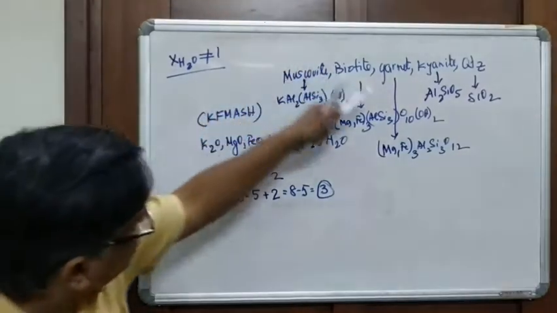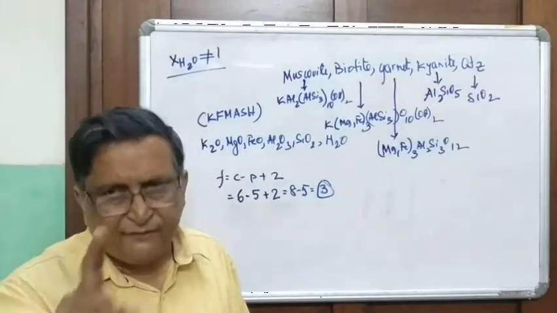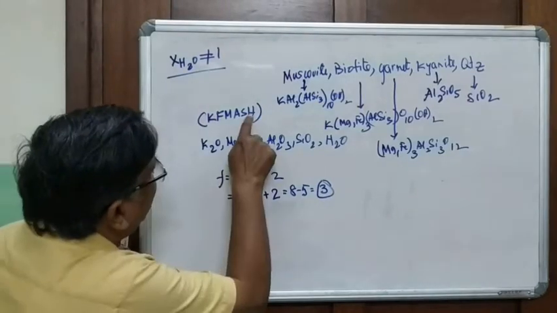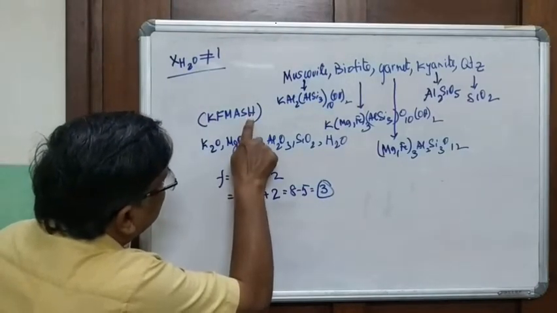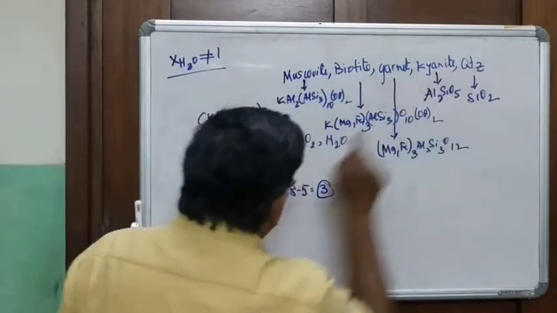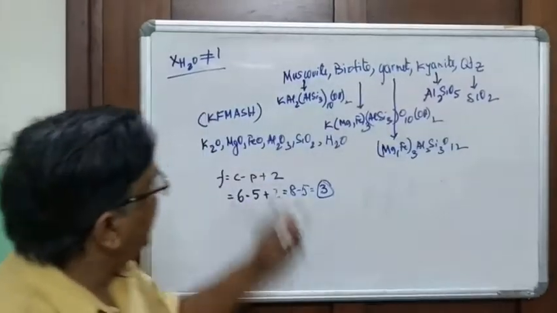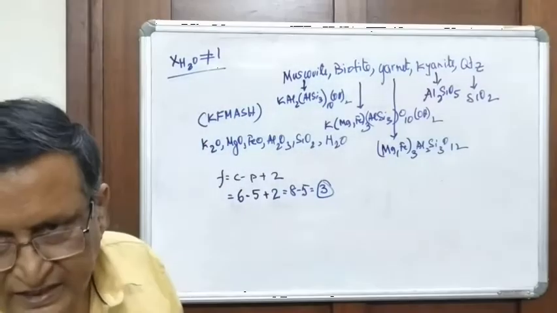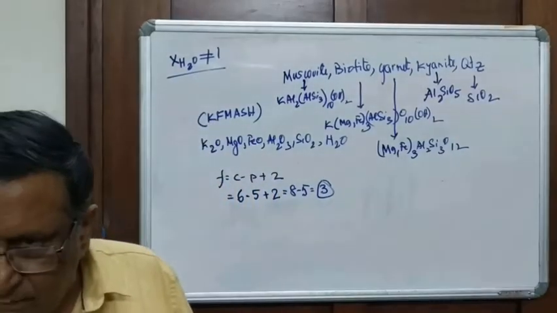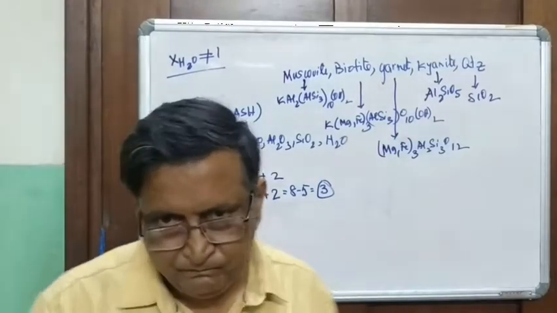But what I said was a word of caution, that in this space I have taken H2O as a component, but in the phase I have not taken fluid as a phase, which means XH2O is not equal to 1. Clear? XH2O, the fluid component H2O, is variable. Right.